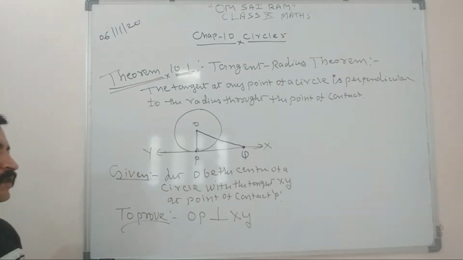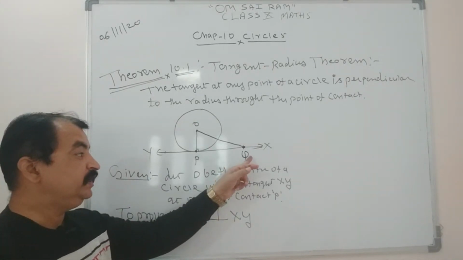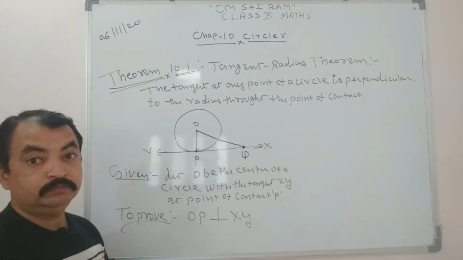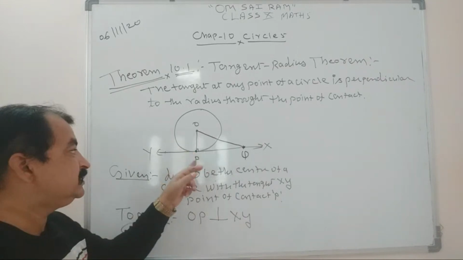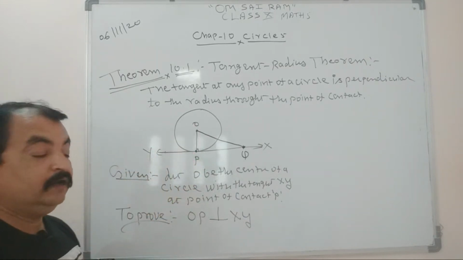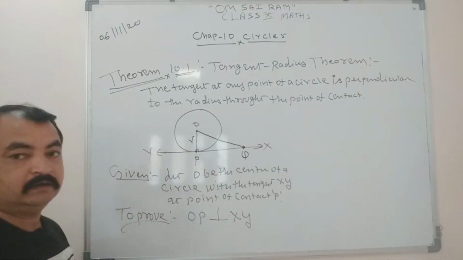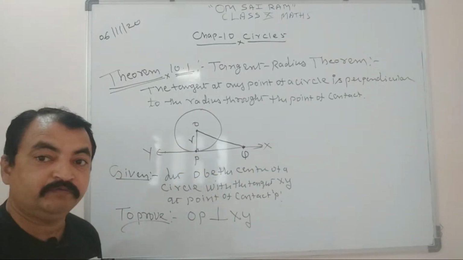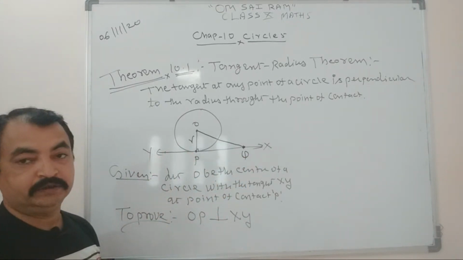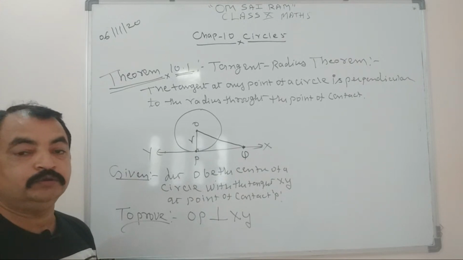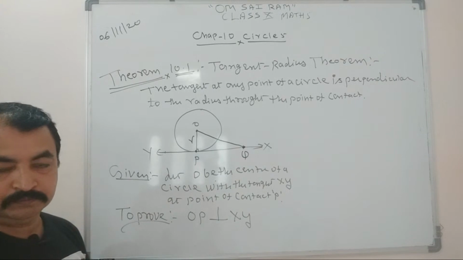So now see children, where will be the position of point Q? Of course, OQ is greater than OP. And OP is nothing but the radius R. So if the distance OQ is greater than the radius OP, this means point Q is in the exterior of the circle, children.